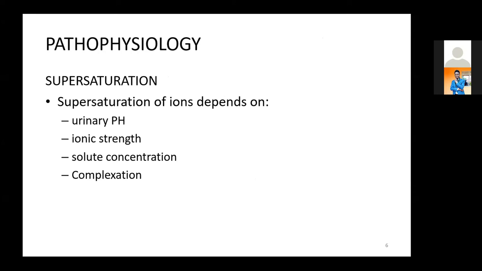And so when one ion is away, then the other one does not have anything to complex with, and therefore you will have that particular ion more for absorption, and it is likely to be more concentrated in the urine.